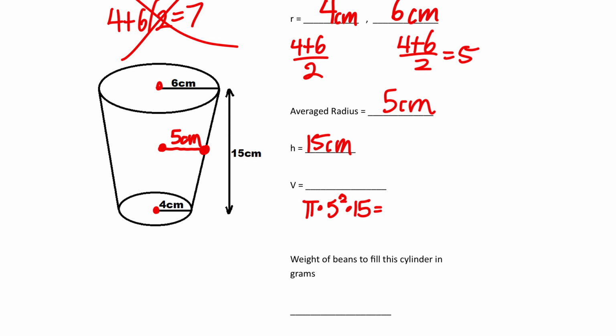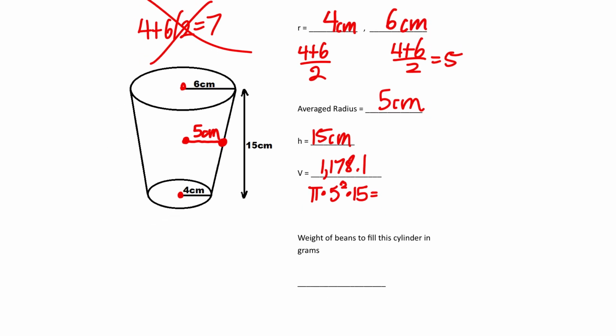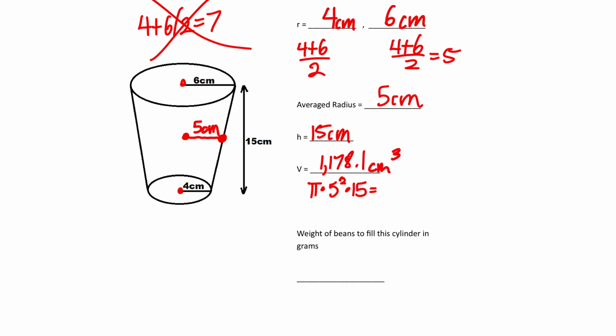Wait, so what do you do? Oh, yeah, I see now. We're using the radius, not that one. We're using the one that's between them. What does that give you? 1,178.1. Okay, so cubic centimeters.